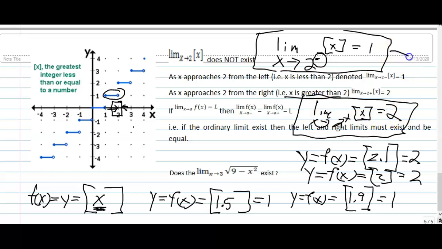But in order for the ordinary limit to exist, the left and right limits must both exist and be equal to each other. Well, here the left limit is equal to 1 and the right limit is equal to 2. So therefore we say that the ordinary limit, which is the limit as x approaches 2, does not exist.